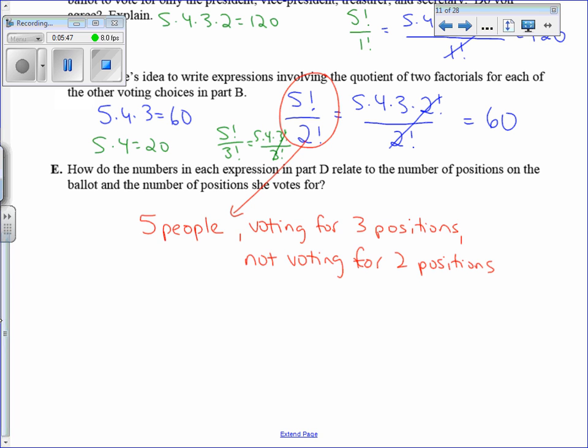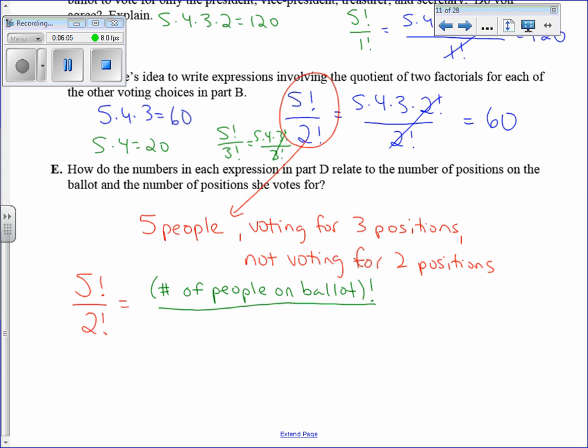So 5 factorial divided by 2 factorial is equal to the number of people on the ballot factorial, divided by the number of people on the ballot minus the number she votes for, factorial.